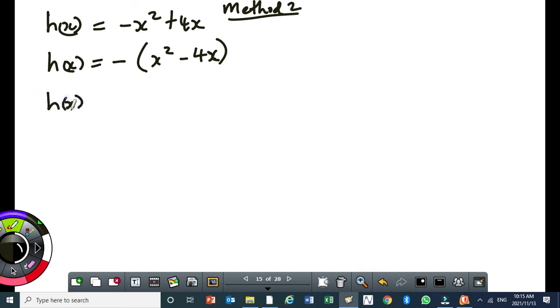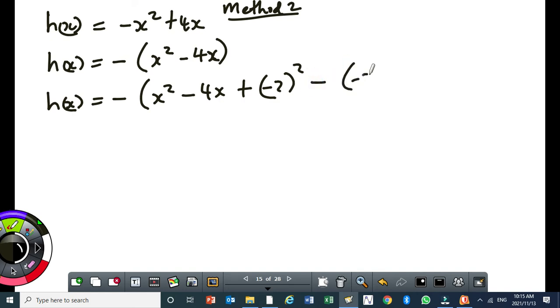So that will become h of x equals minus, x squared minus 4x. Then you add the square of half of the coefficient of x. Then you subtract it. Okay? Well, let me put a square bracket there. Put a square bracket.